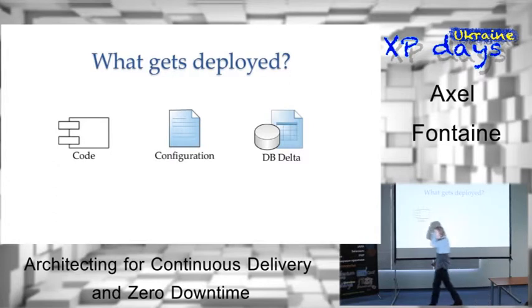We want to make sure our application is actually running. So we need the code, but the code is rarely able to run by itself. Very often, we need some configuration so that it knows in a certain environment how to behave, which other systems to connect to, how to make sure it's acting properly there.